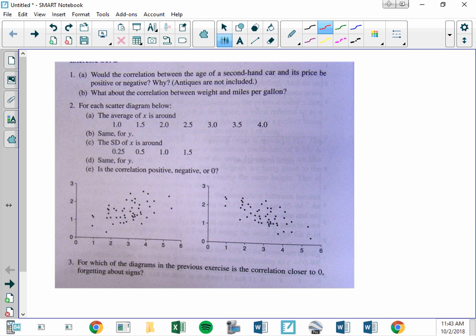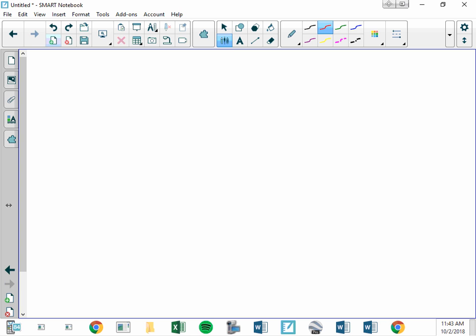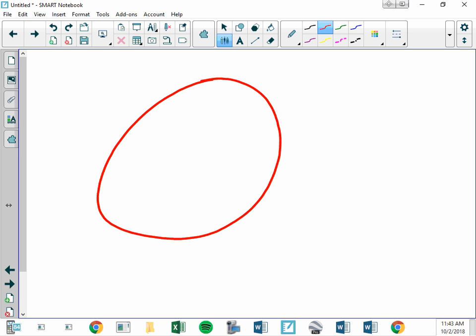And then number 5. In figure 1, if you took only the fathers who were taller than 6 feet and their sons, would the correlation between the heights be any of those values? So I have this kind of weak football, and I'm only going to go 6 feet and higher, which cuts off about that much of the football. So the correlation there, is it going to be stronger or weaker than the correlation of the rest?